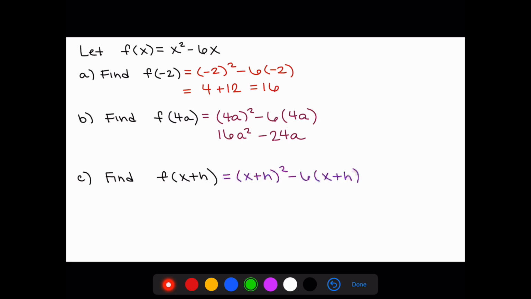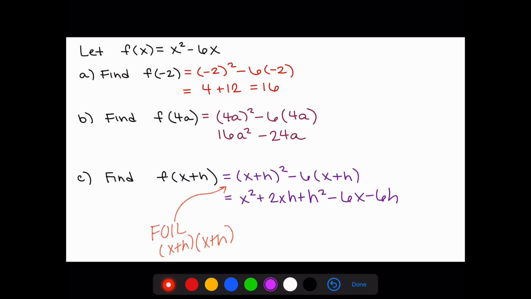We can expand this and see if there's any like terms. So to expand this first part here, the (x plus h) squared, we have to FOIL that out. You can think of that as x plus h times x plus h. And then your first is the x squared. Your outer is xh.